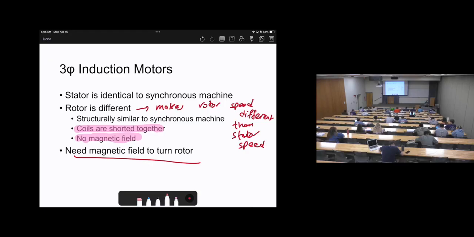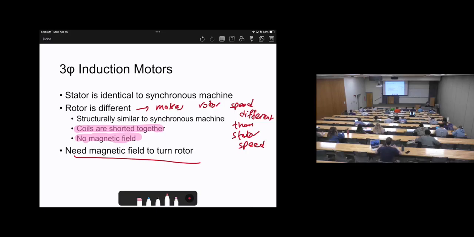We used to say rotor speed and that's it. Here, since the rotor structure is different, there will be two different speeds: rotor speed and stator speed. Or in other words, the actual speed, which is the rotor speed, and the stator speed, which is the mechanical speed. So we can say there are some differences, or we sometimes call it the synchronous speed. So I would say the stator is very similar to the synchronous.